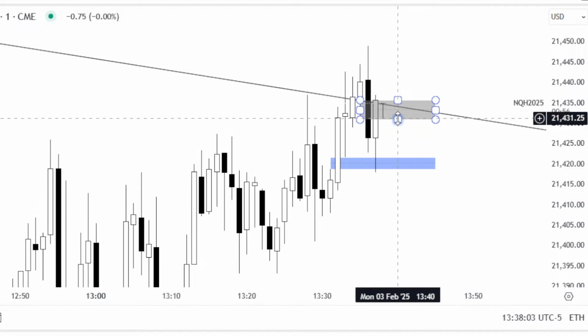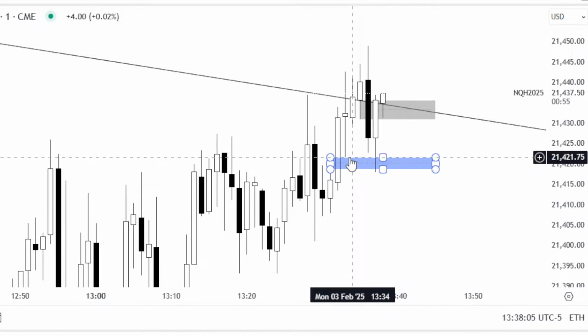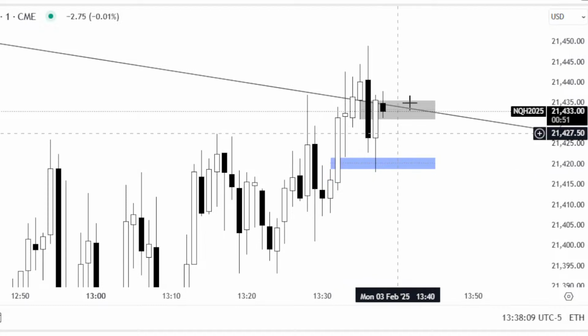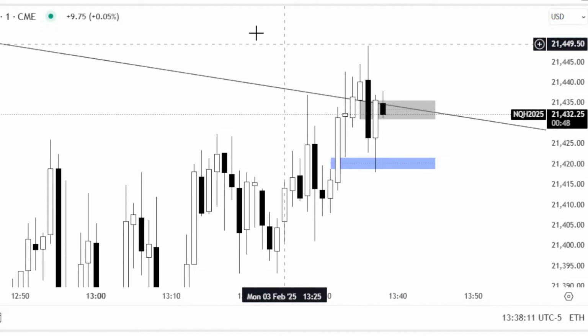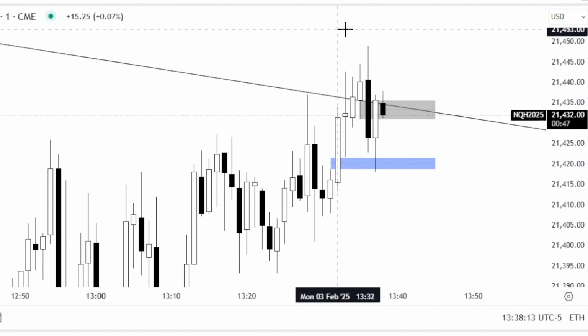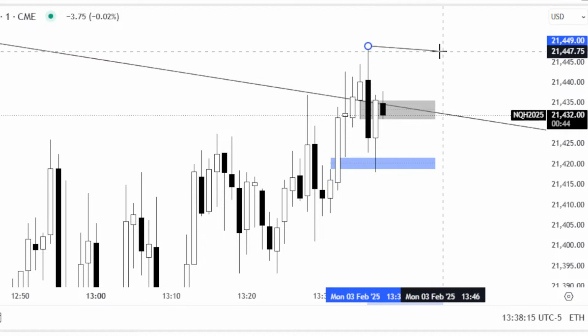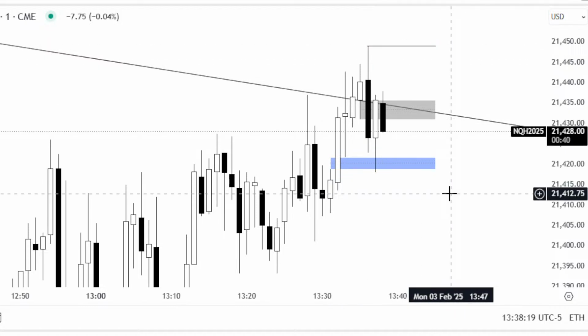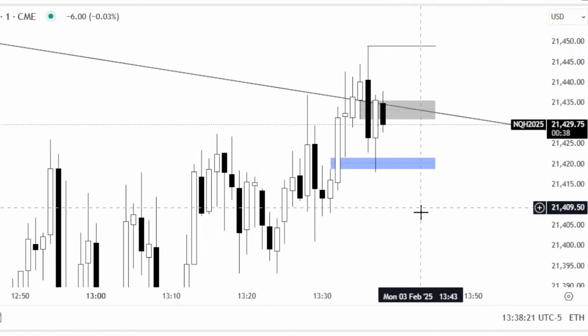See, now I want to see, but this wick has taken out these equal lows, so I see that as a liquidity grab, and that's probably a target for here, unless we go and invert this fair value gap.